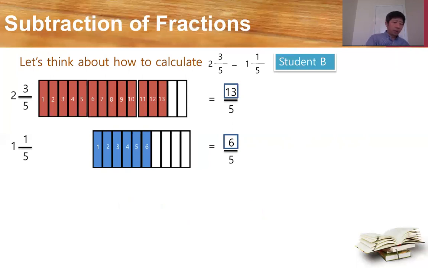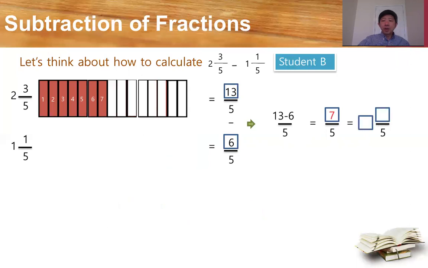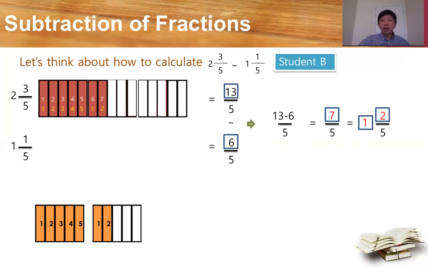So therefore, 13 minus 6, which is 7. Right? Now 7 over 5 actually is what mixed number? Actually it is 1 and 2/5, right? So that's the two different ways you can do it.